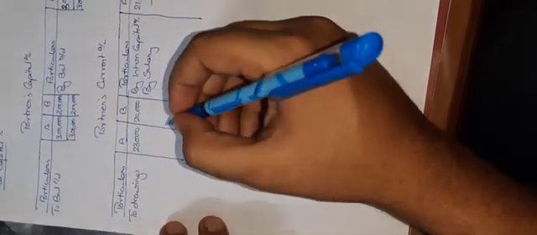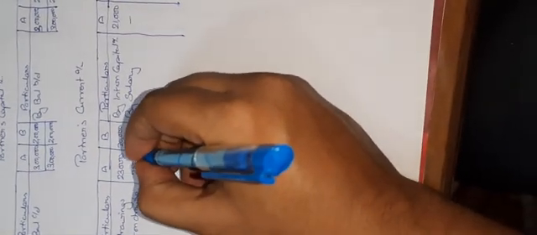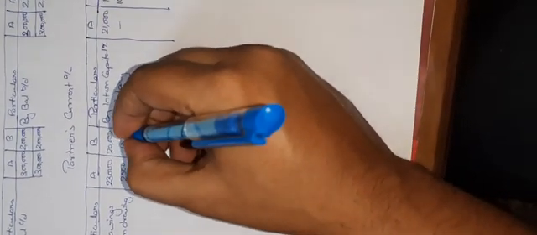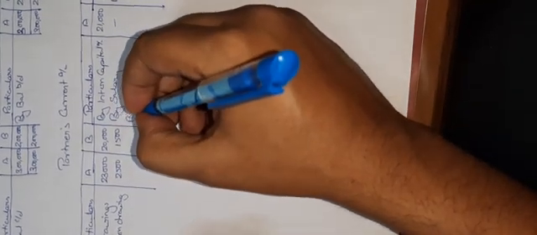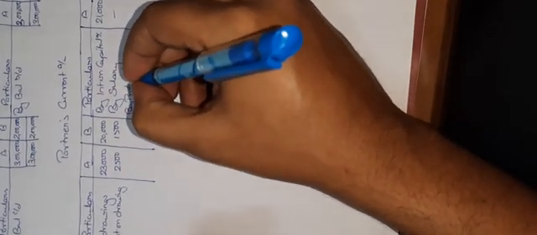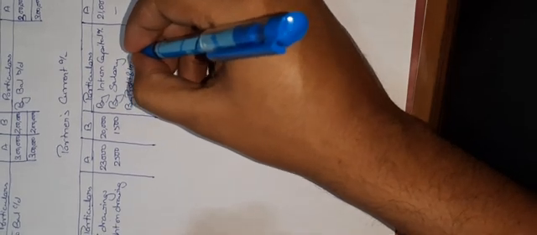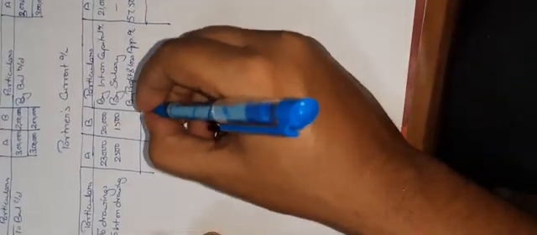Then to interest on drawings, A has paid 2,500 and B has paid 1,500, and both A and B have received the profit and loss profit. A has received 57,500 and B has received 57,500. Now we can find that the credit side is more than the debit side, so we have to balance it.